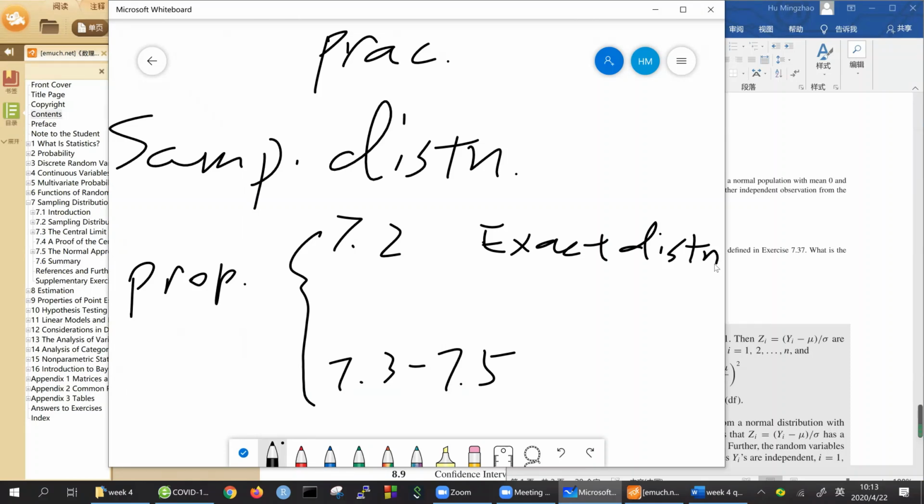And 7.3 to 7.5 is based on the CLT, and the distributions are approximate.